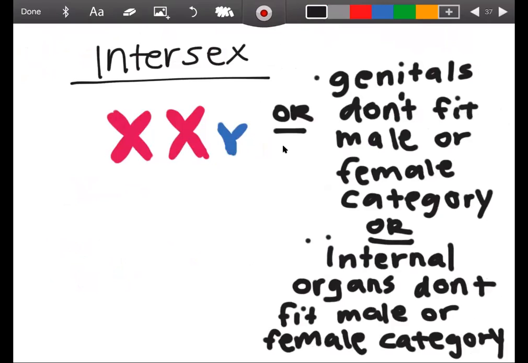And then you may be thinking, what about people that are intersex? So humans that are intersex, in this case, could have 2 X chromosomes and 1 Y chromosome.